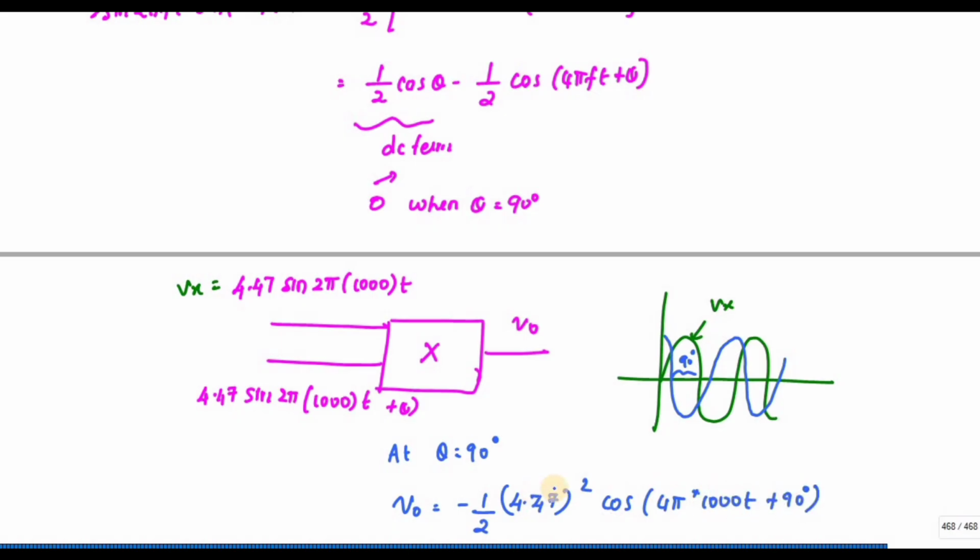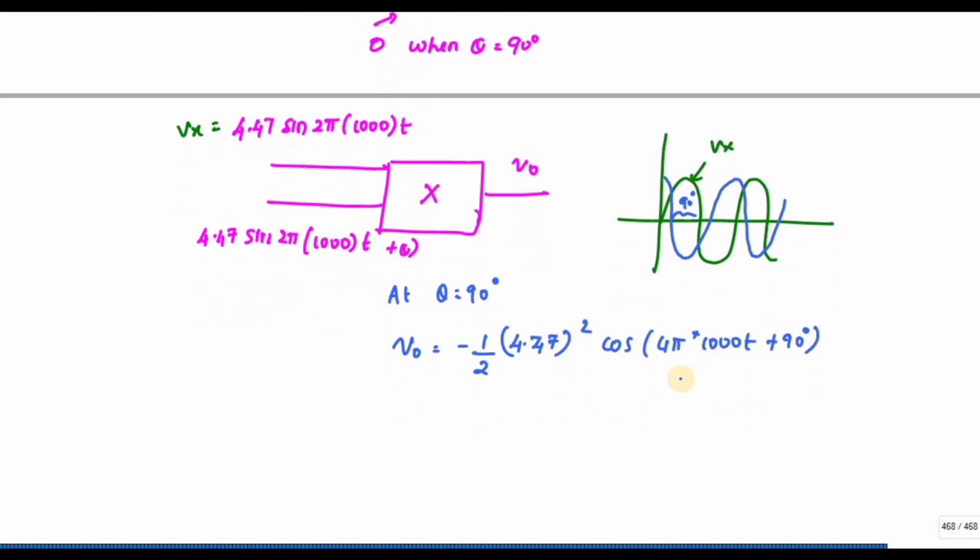So what is cos 90? Cos 90 is nothing but sin theta. So 1 by 2 of 4.47 the whole square sin 4 pi into 1000 t. This is the output I am going to get.